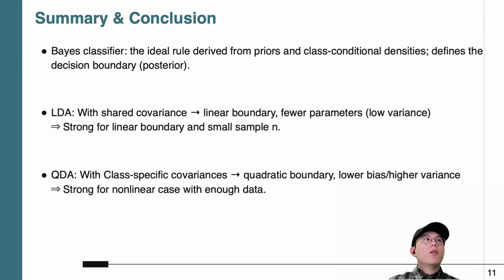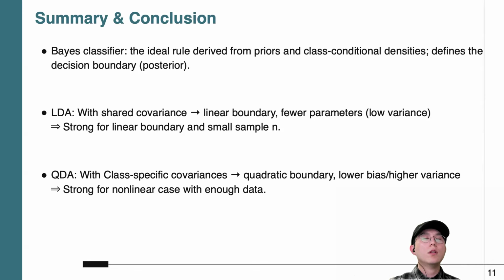To summarize: the Bayesian classifier is the ideal rule derived from priors and class conditional densities, and it defines the decision boundary. LDA, with a shared covariance, has a linear boundary, fewer parameters, so low variance, but higher bias, and is strong when the boundary is linear and the sample size is small.